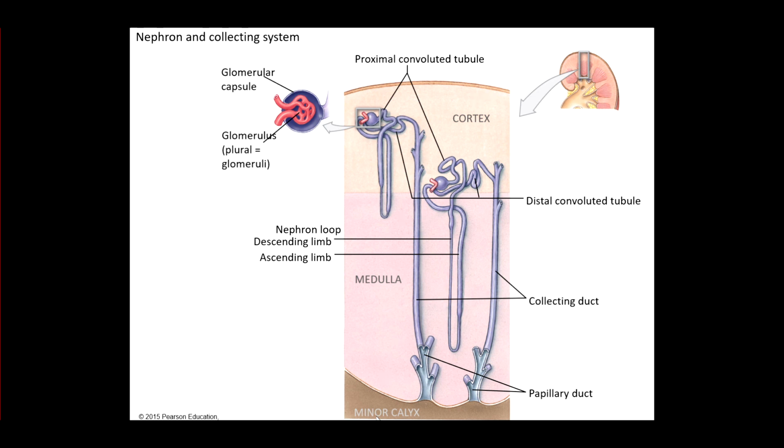That would be like the cup that's going to collect the urine. Right. So here we see a couple different collecting ducts bringing the urine down to drip out of the papilla. They actually call this the papillary duct, and then the minor calyx will carry it. So you can see here what this is here. This is the renal pyramid, and then this would be the papilla right over here.